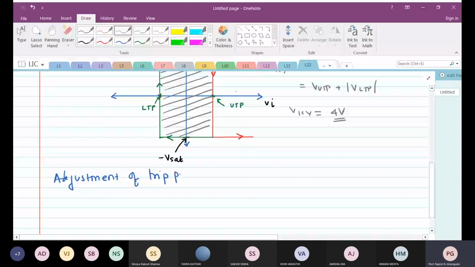So we have now, this is R1, this is R2 as usual, this is R3, along with D1 and D2. With the help of this, we can have different values of R1 and R3, and in turn we can have different values of trip points. So this diode will be on only when this voltage, let us say, is plus VSAT.